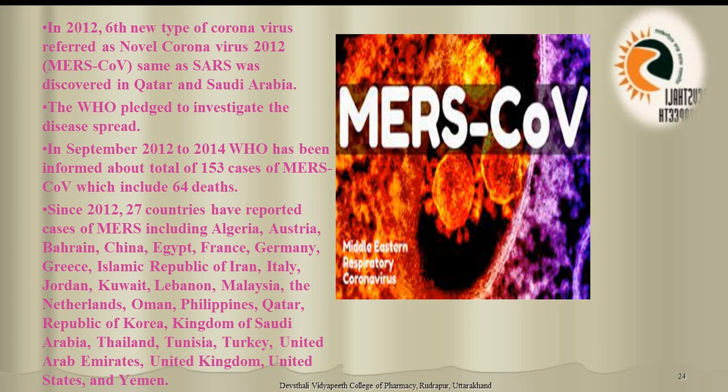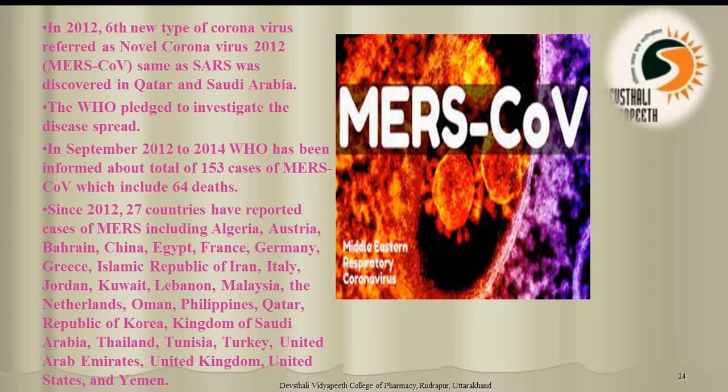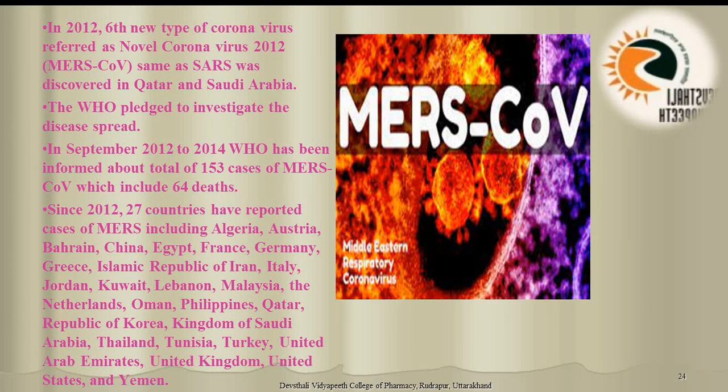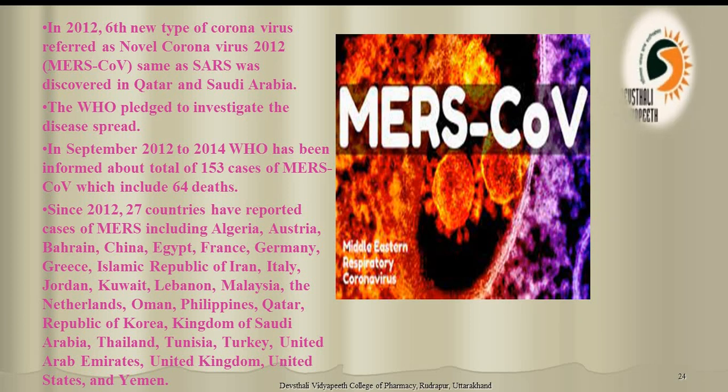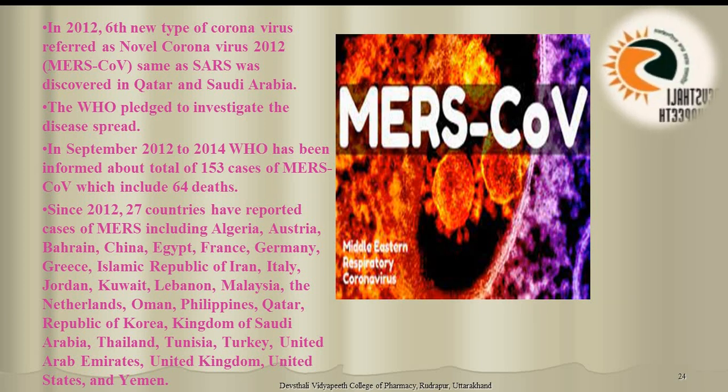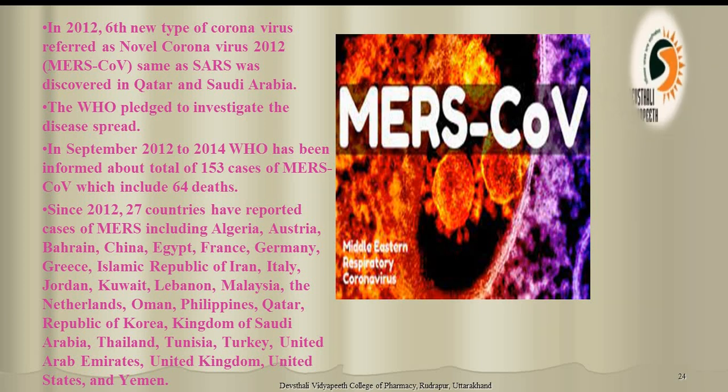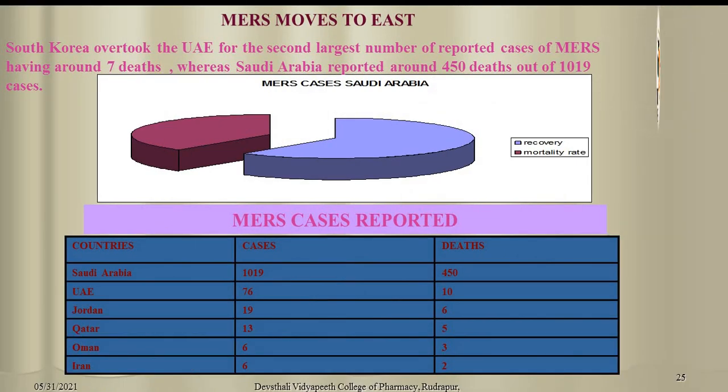In 2012, when the MERS-CoV, the novel coronavirus, was recorded, it was discovered in Qatar and Saudi Arabia. WHO started to investigate the disease spread, and from September 2012 to 2014, WHO was informed of about 153 cases of MERS-CoV, which included about 64 deaths, and 27 countries reported cases. MERS moves east.